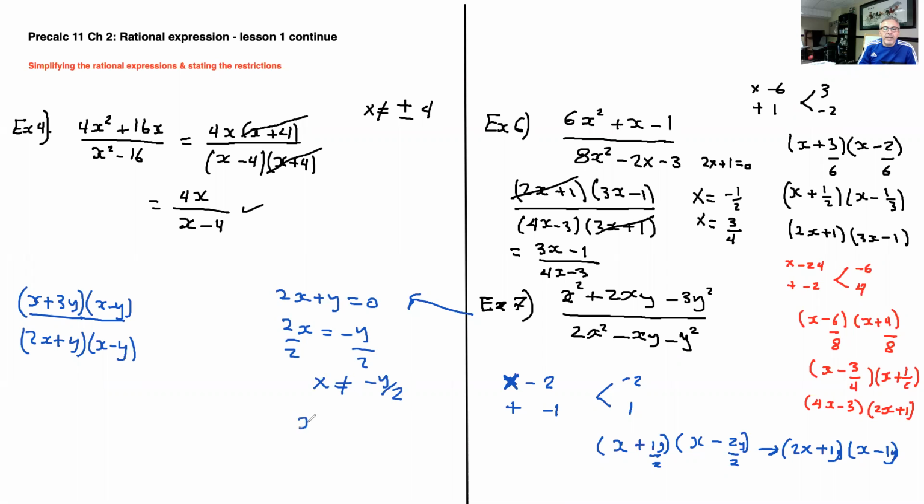And then the other one, x minus y cannot equal 0. Move the negative y to this side, so x cannot equal y. I know it's not numbers, it's variables, but that's basically what the restrictions are. And then after this, you just look at what binomial is the same from the top and the bottom. This one cancels with this one. And the final answer is x plus 3y over 2x plus y.